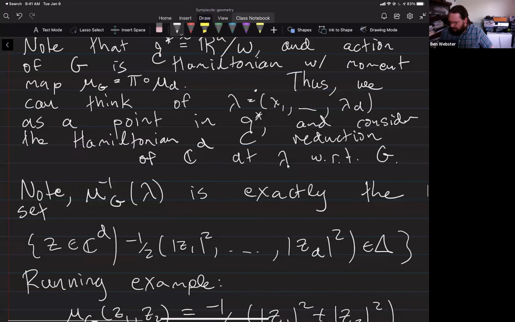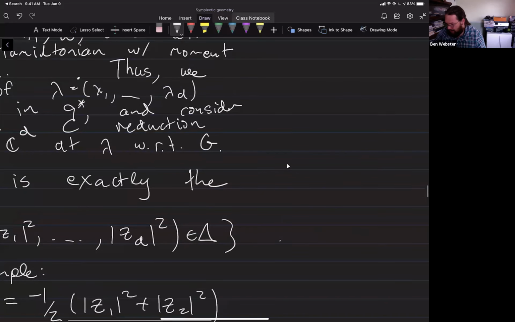All right. So I just want to note how this is connected to the polytope. Well, this moment map level for the moment map of G, not the moment map of the whole torus, but the moment map for this subgroup, is exactly the elements of CD such that, when I take this -1/2 times the norm squared of each of the components, that lives in the polytope delta, thought of as a subset of RD.